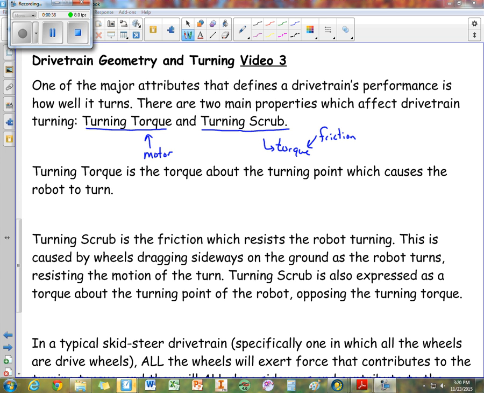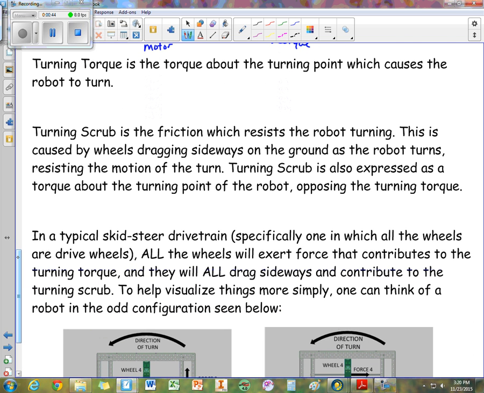Turning torque is the torque about the turning point which causes the robot to turn. Turning scrub is the friction which resists the robot turning. It's caused by the wheels dragging sideways on the ground as the robot turns. It resists the motion to turn. So again, turning scrub can also be talked about in terms of torque.